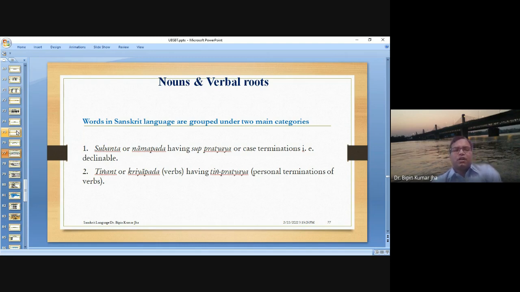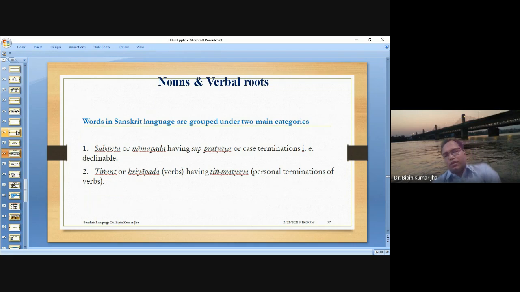Nam is directly narrated as Subant, when you are talking about words like Rama or Nirjaras or Vishwapa.